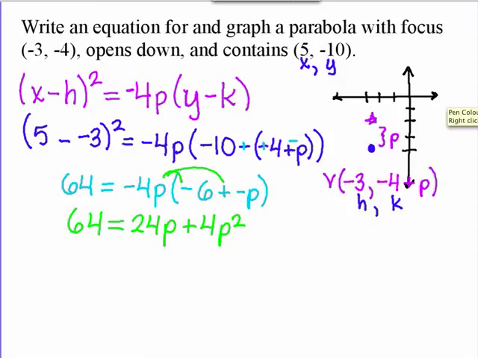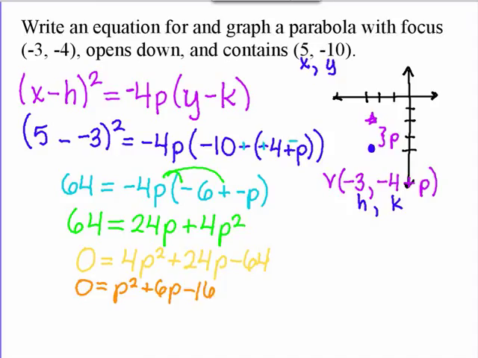So this is a quadratic. A quadratic, in order for us to solve, we need to get everything over to one side of the equation. Okay, so I moved everything over to the right side of the equation. What do you notice about all the terms? They're all divisible by 4. So I really get 0 equals p squared plus 6p minus 16.